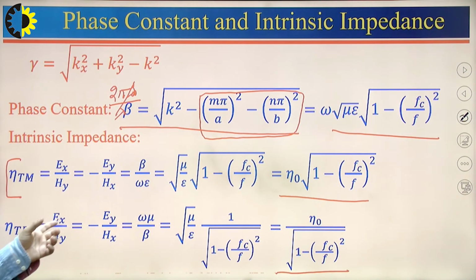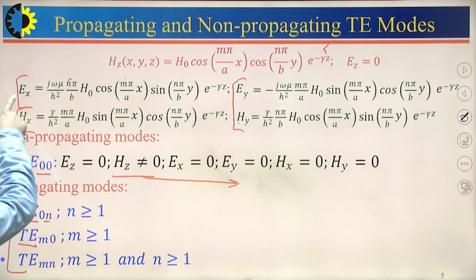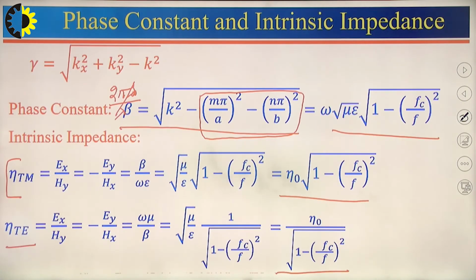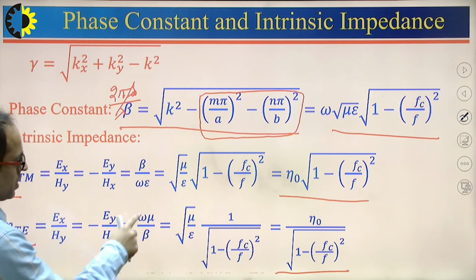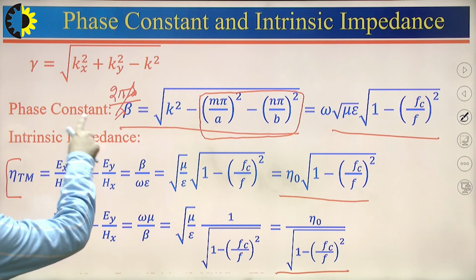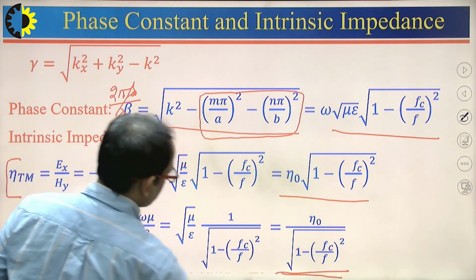Putting the values of Ex and Hy from this equation, I'll get this equation, and on putting the value of beta from this equation here, you will get this one.